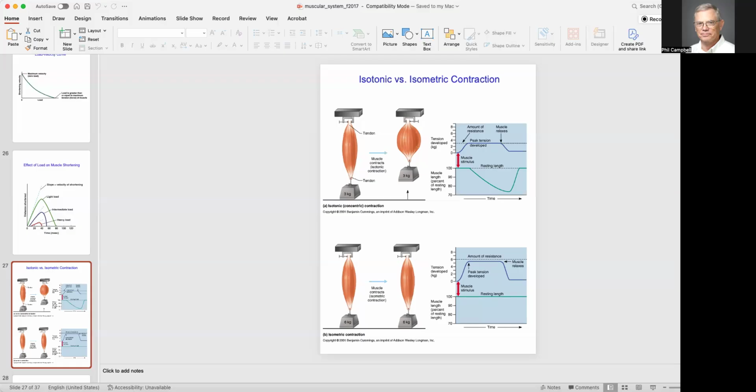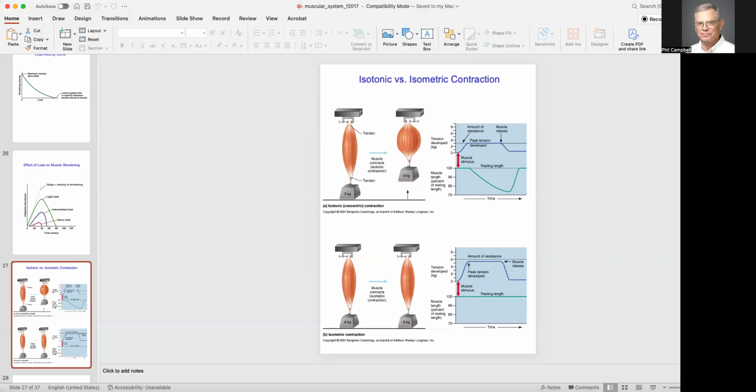We have our same muscle group. In this case, instead of being attached to a load meter, it's attached to a load resistance. In this particular case, it weighs 3 kilograms. Now, I am going to stimulate contraction of that muscle. That muscle generates 3 kilograms of contractile force. This is equivalent to the load resistance. What results?